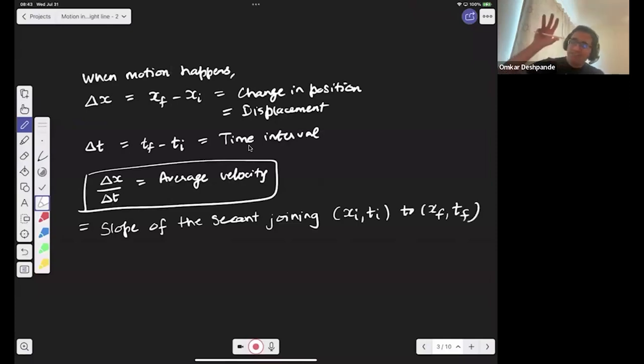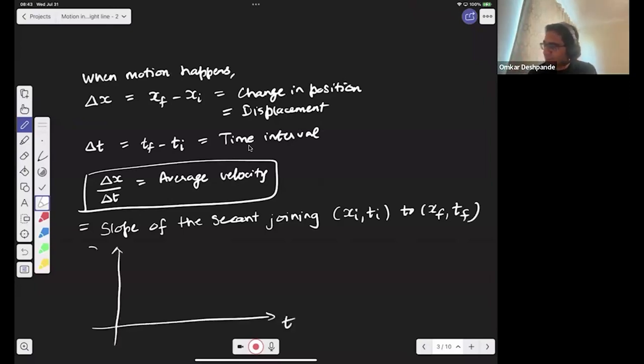So now if you take the position axis and the time axis and you arrange them so that they are perpendicular to each other like this, and you are tracking the particle at different positions, this is your initial position at the initial time instant and the final position at the final time instant.